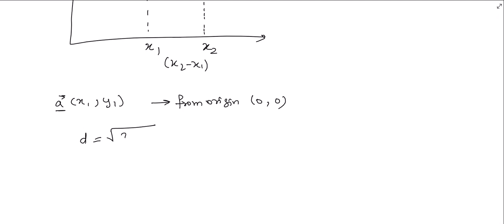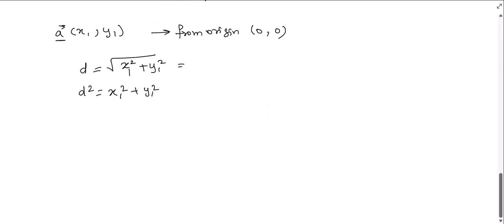The equation will look something like this. So you can also say that d square is equal to x1 square plus y1 square.